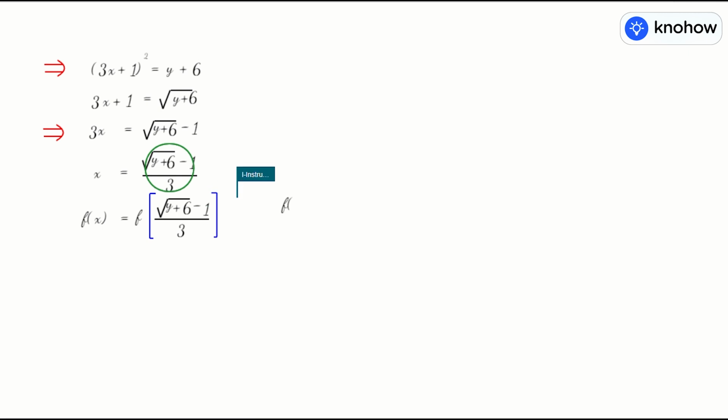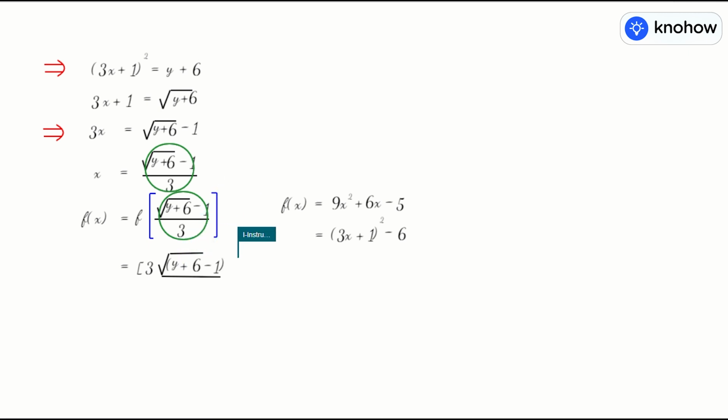Basically defined as 9x squared plus 6x minus 5, which could be rearranged as (3x plus 1) squared minus 6. So instead of replacing this value of x in the first definition, let us put it in (3x plus 1) whole squared minus 6. It will be easier. So replacing x, that is 3 times, replace x by this, (under root y plus 6 minus 1) by 3, and this thing whole squared.